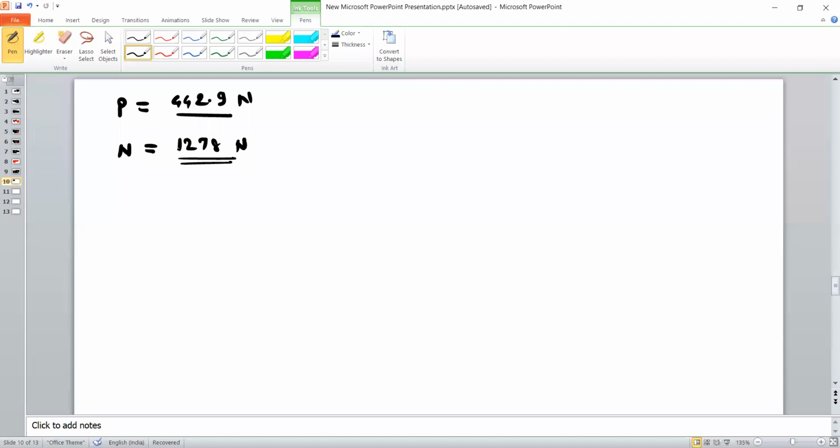So you can check this answer for P and N. The required answer is the unknown force P so that the motion will just impend. So you can note down the second problem.